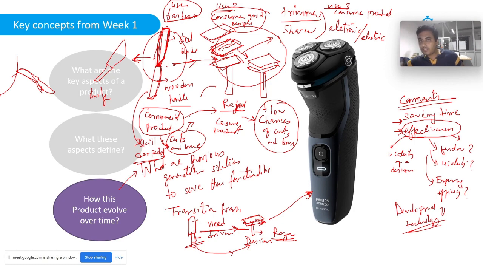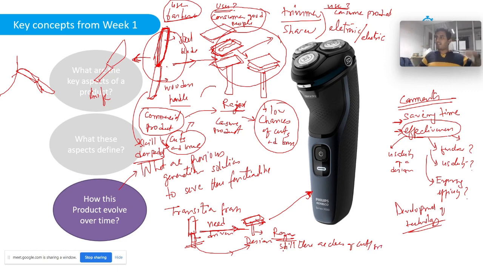And how will this electric shaver be a better solution? Yeah, it can cause some cuts, but compared to this, it is less. But yes, still there are chances of cuts and bruises.